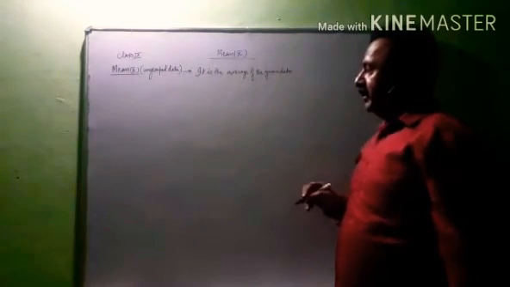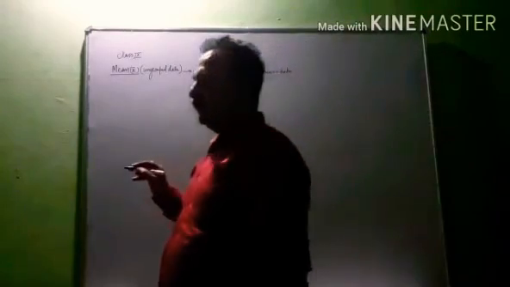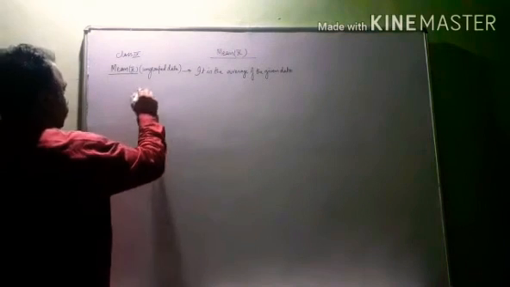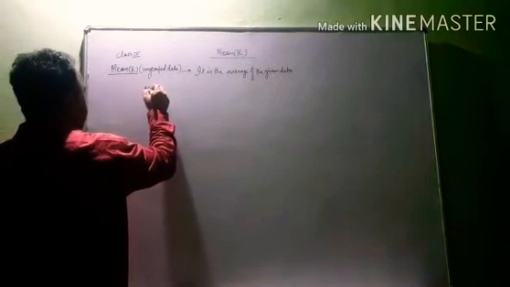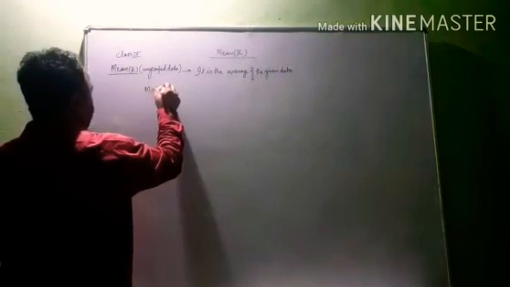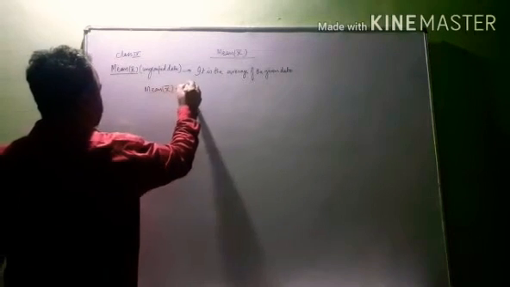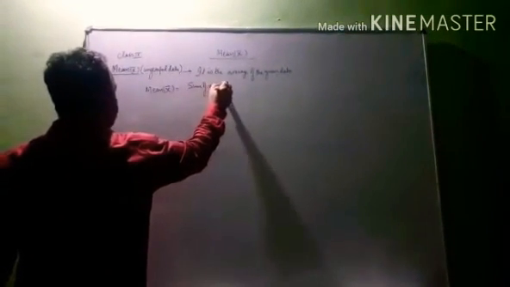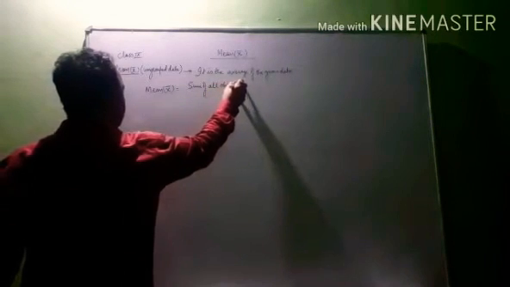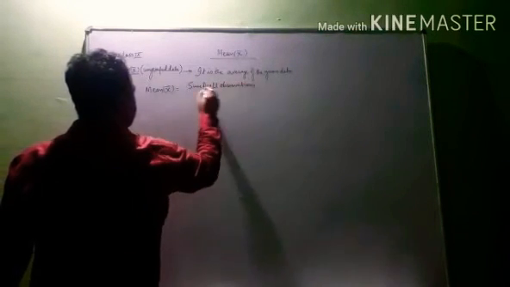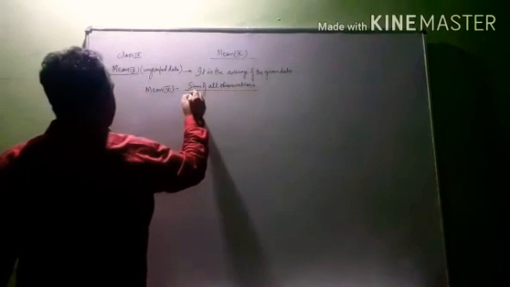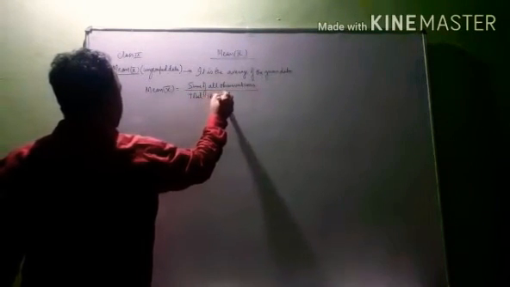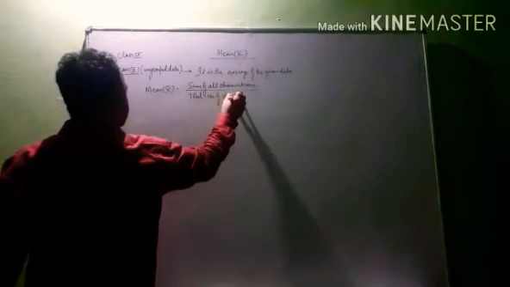So now the formula which we have learned in class 8th and 9th, that was mean, the symbol is x bar, sum of all observations divided by total number of observations.